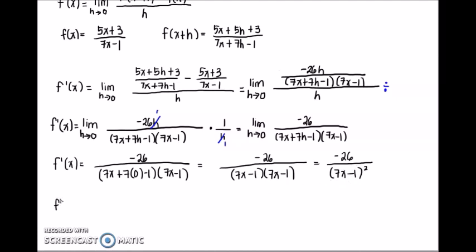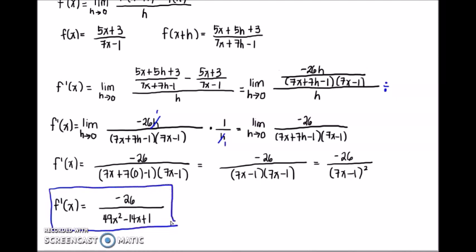So if you chose to simplify the denominator, we can get negative 26 all over, so doing the FOIL method, we will get 49x squared minus 14x plus 1. And this will be our final answer for finding the derivative of 5x plus 3 over 7x minus 1.